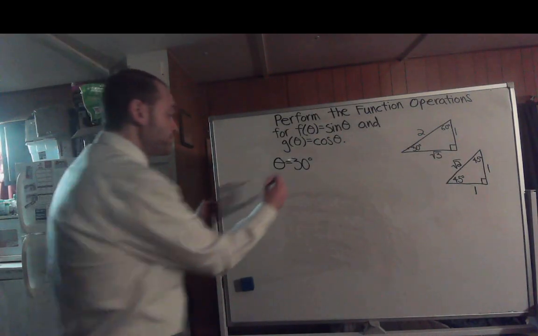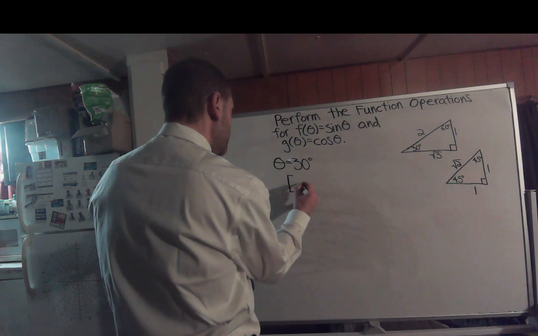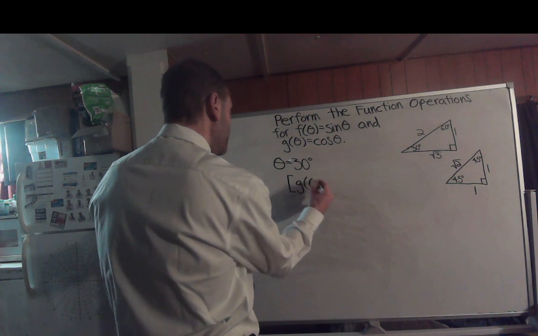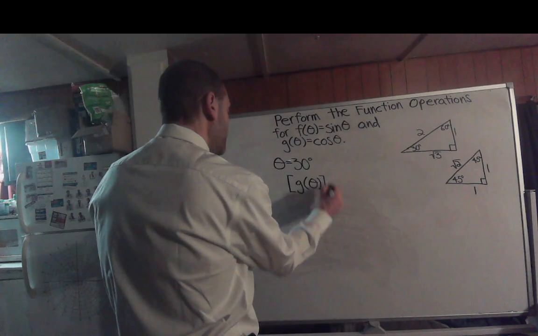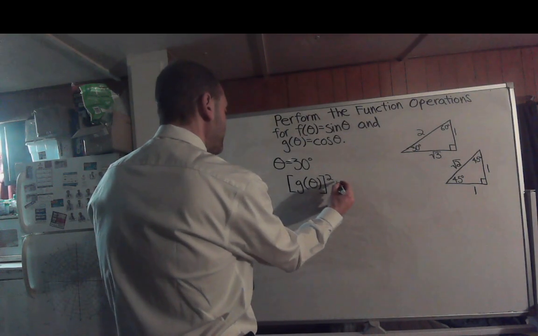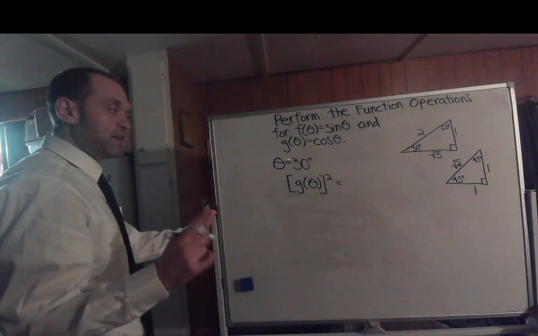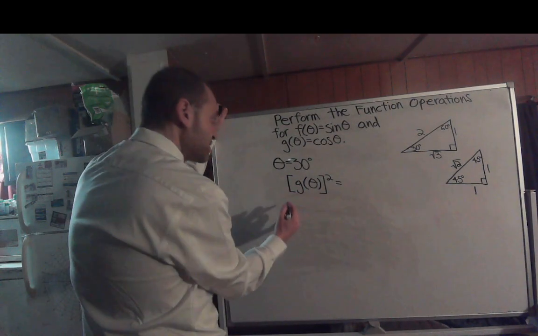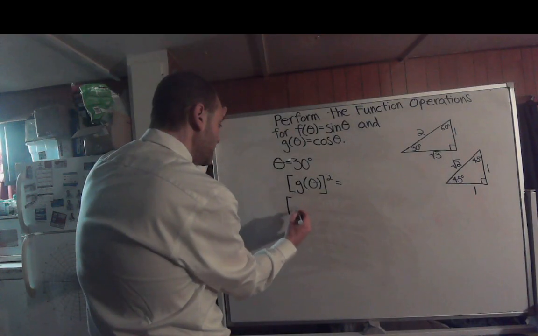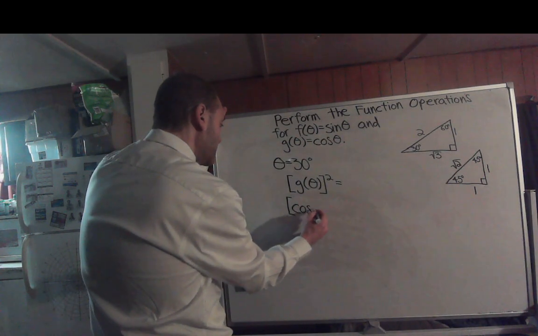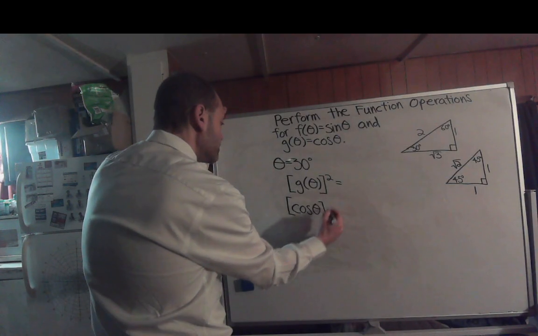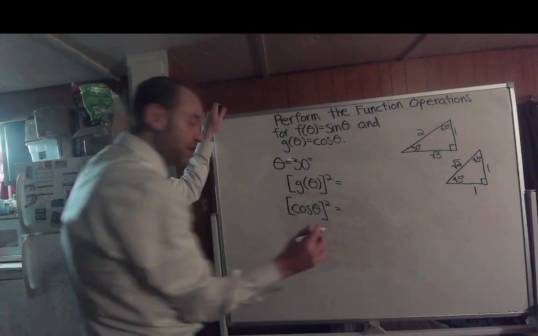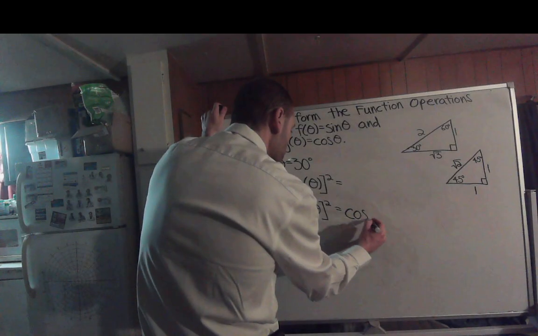Good one. We're going to take g of theta squared. G of theta squared, so g of theta is cosine of theta. That's going to be cosine of theta squared, which is the same thing as writing cosine squared of theta.